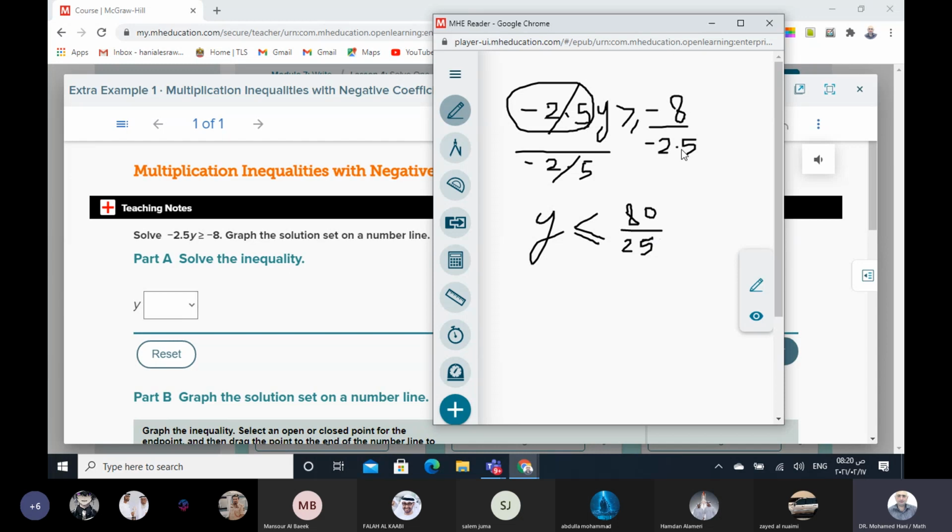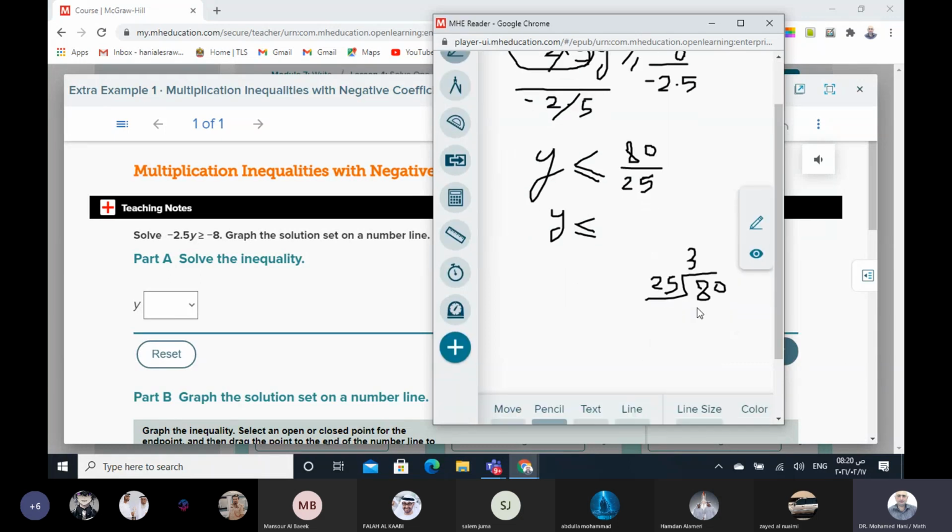Multiply by 10 up and multiply by 10 down to remove the point. Then you can do long division. Here we have 80 and here we have 25. 80 divided by 25 will be 3. 3 times 25 will be 75. 80 minus 75 will be 5.